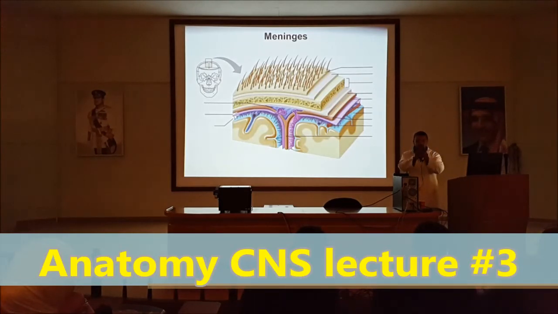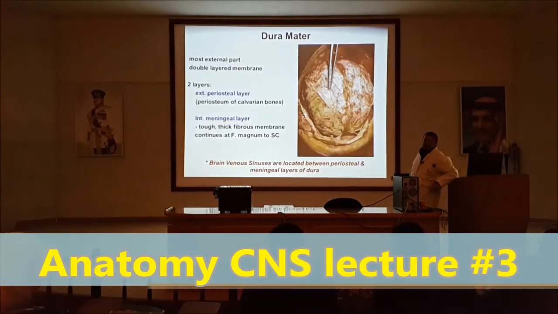At the foramen magnum it will reflect and go to cover the bone from outside. This periosteum has no relation to the meninges in the spinal cord. The meningeal layer only, the brown layer here, will continue to cover the spinal cord. So the dura mater of the spinal cord is made of only one layer. Is this clear?